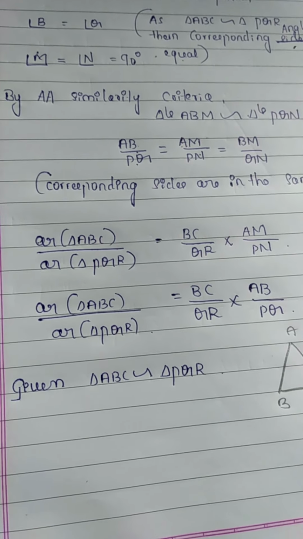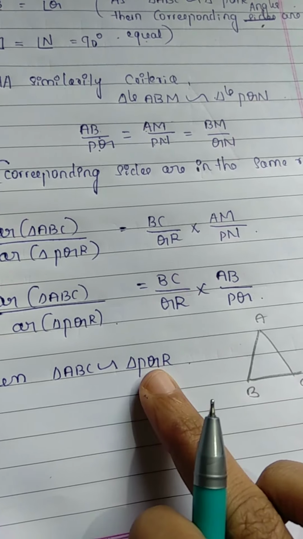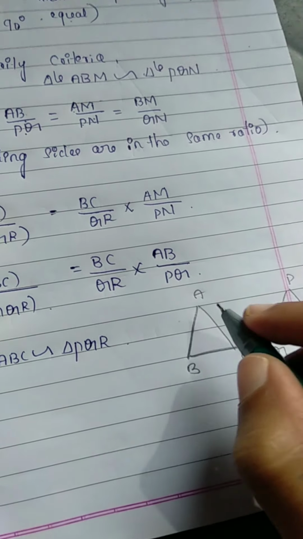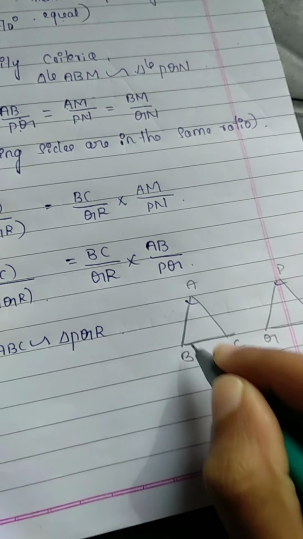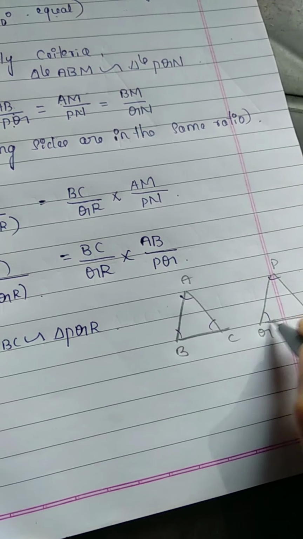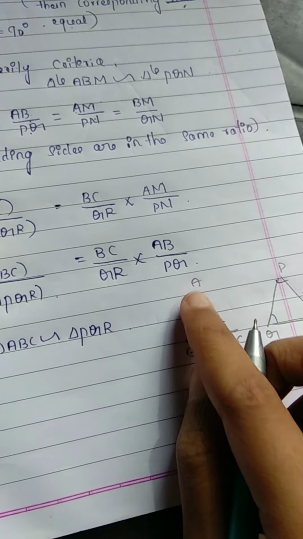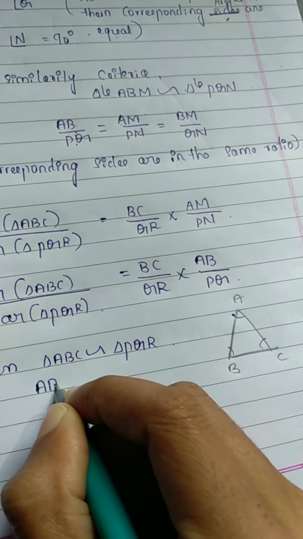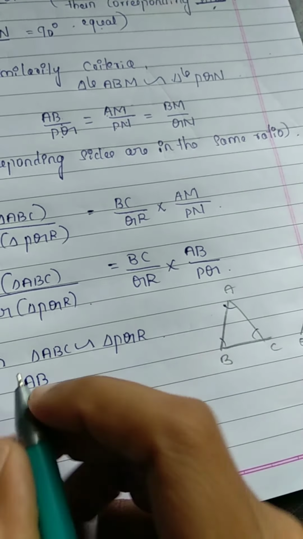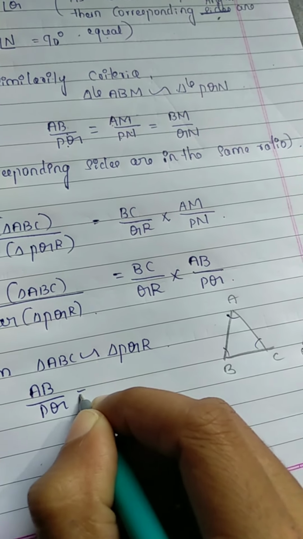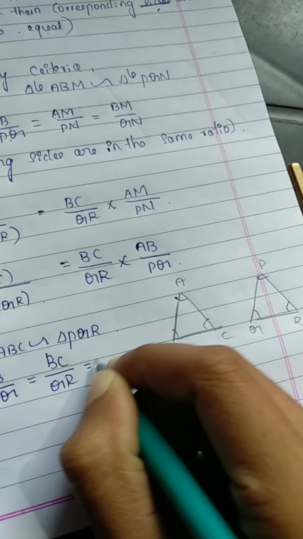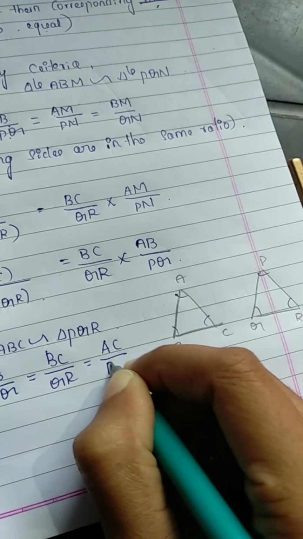But given that triangle ABC is similar to triangle PQR, then corresponding angles are equal and corresponding sides are divided in the same ratio. So we write AB by PQ equal to BC by QR and AC by PR.